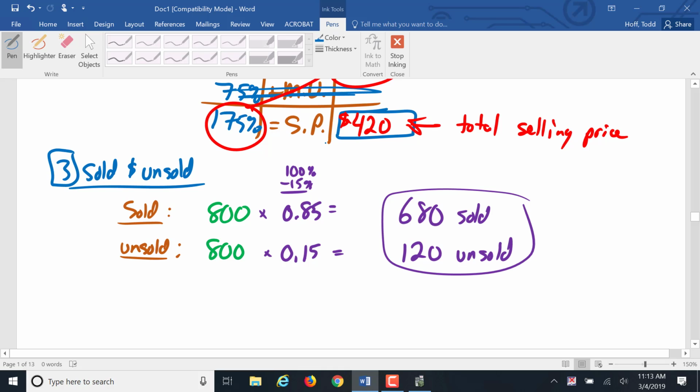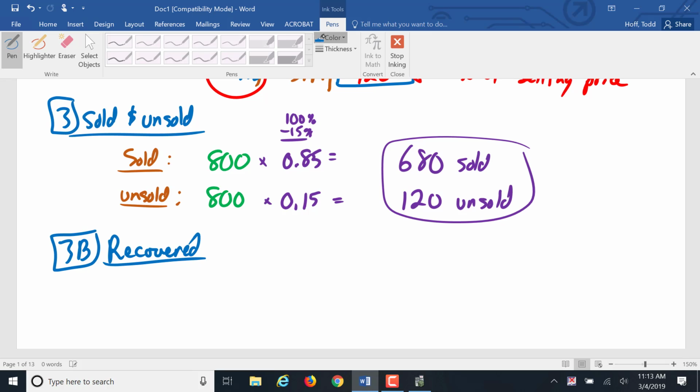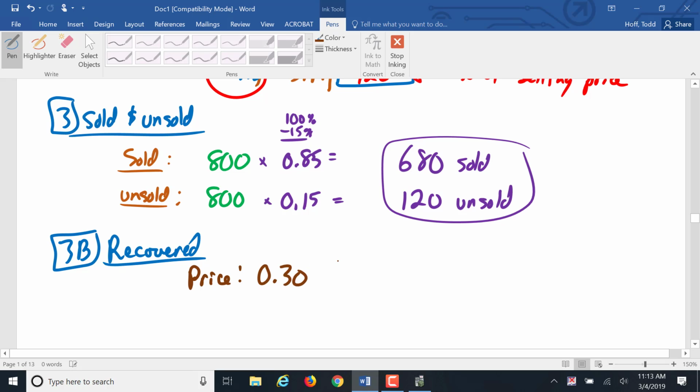Now remember from our last examples, step 3B is that recovered cost. Here, though, we have to figure out what the price is for those recovered items. The actual cost is 30 cents each, and it's at 30% below cost.